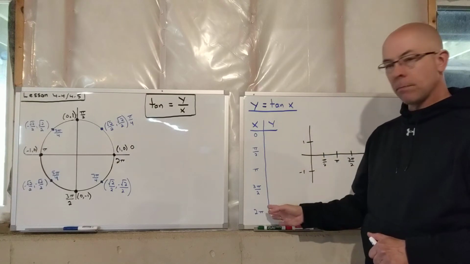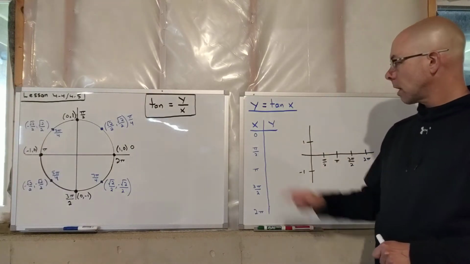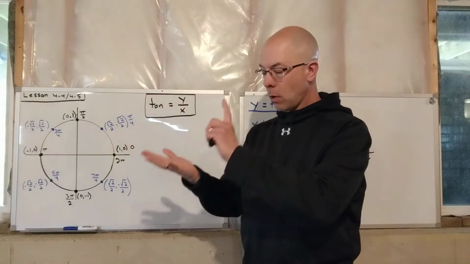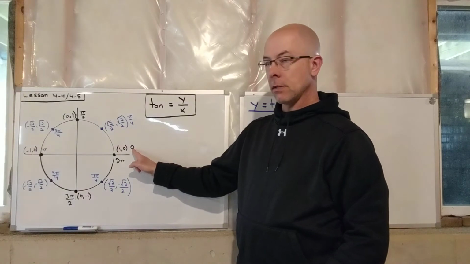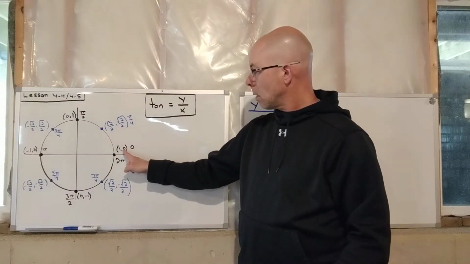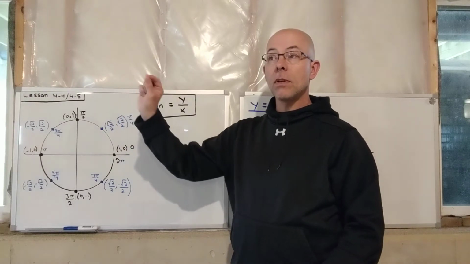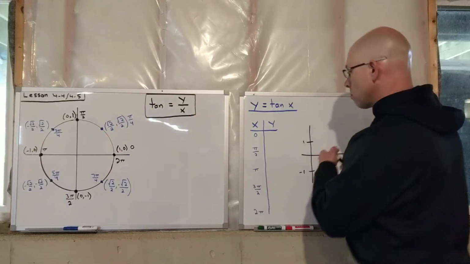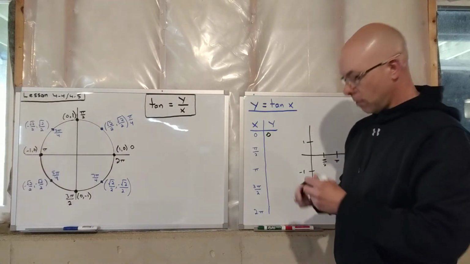But I want to talk about the big 5 points first. Starting at 0 radians, remember we're doing y-coordinate divided by x. At 0 radians, y divided by x is 0 divided by 1. 0 divided by 1 is 0. So 0, 0 will be on our graph in a few minutes.